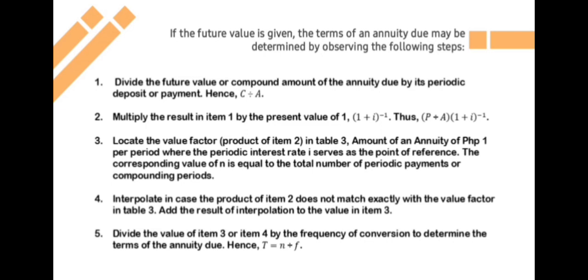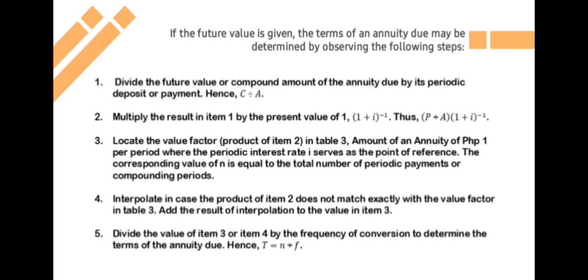So, next step is locate the factor, the product of the item 2 in table 3. So, gaya din ng sa present value, ang magiging point of reference din natin is yung periodic interest rate. So, ilolocate lang natin ito sa ibang table, which is that table 3. So, next step is interpolate in case the product of item 2 does not match exactly with the value factor in table 3.